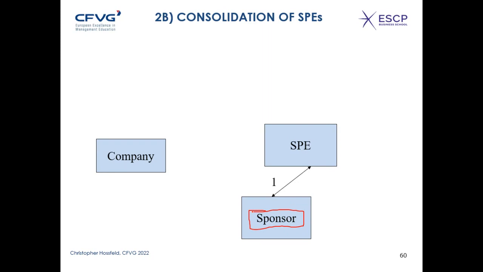The sponsor will not get dividends out of the SPE. He is merely providing an administrative service, and for this he will get a fixed fee, basically. Okay. But the sponsor will create the legal entity, and now I have a special purpose entity. And as the name indicates, this entity has a special purpose.